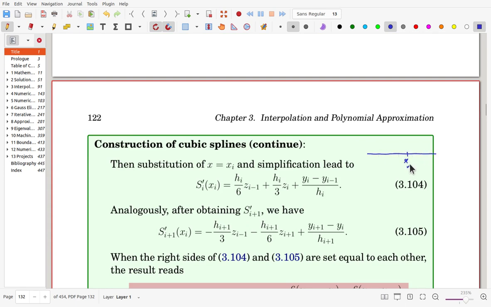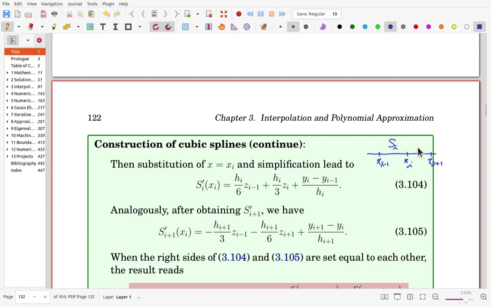That is xi. Here is xi-1. That is xi plus 1. I'll make the picture a little bit better.